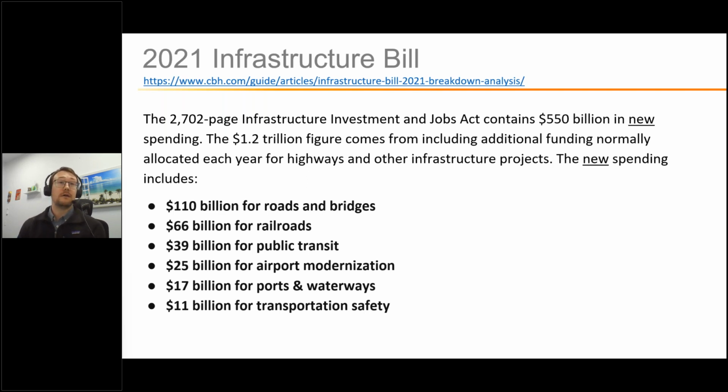The breakouts of the sectors that I think are going to be most likely to benefit from the possible inclusion of remote power systems to drive some of the more advanced digital architecture that we've been talking about. Of course, that includes roads and bridges, railroads, public transportation, airport modernization, ports and waterways, as well as transportation safety.